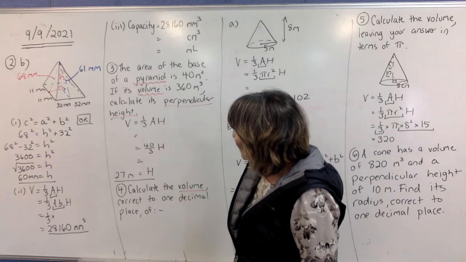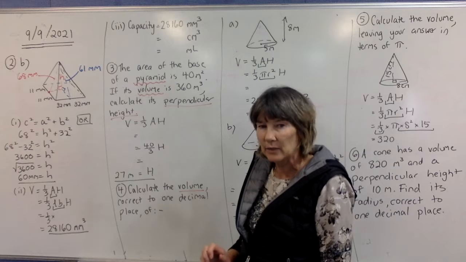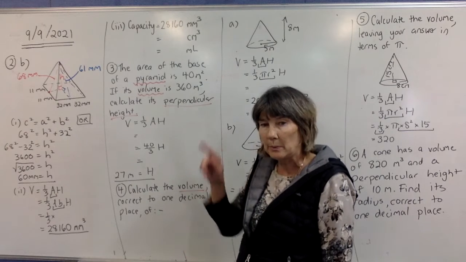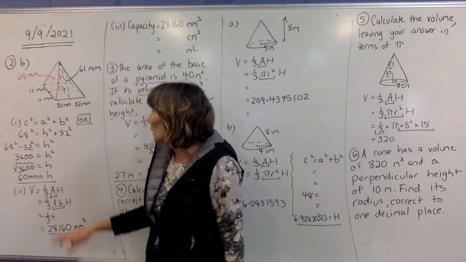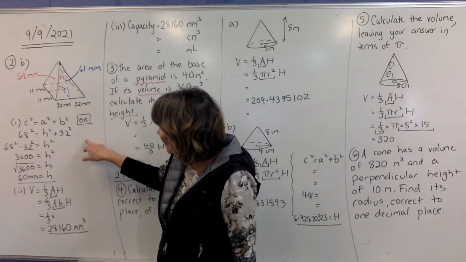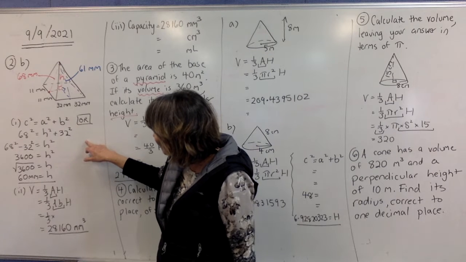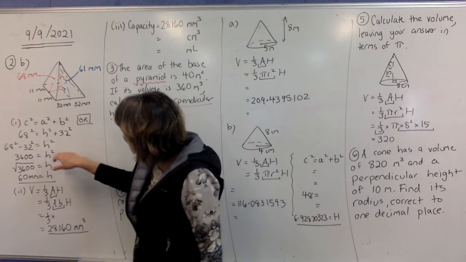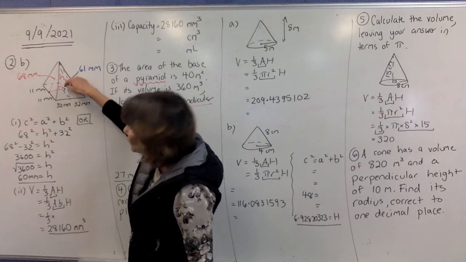Okay, now in the questions we're continuing on from what we did in the last video. So part one was to find the perpendicular height of the pyramid, h. Now we can do it using the red triangle, if you have a look at it. We've got a red triangle there. It's right angled.